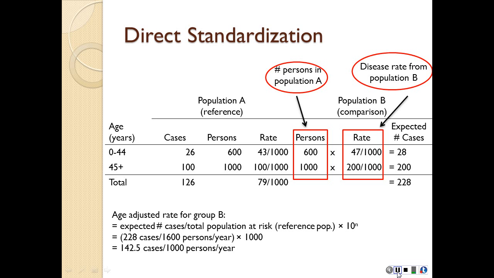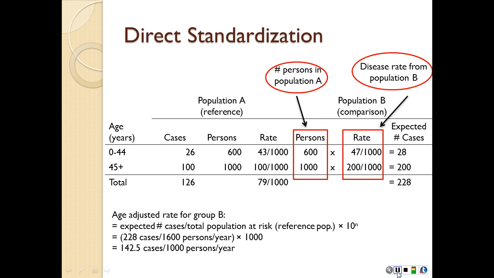So we take the population of population A. Let's say we have the same distribution as population A. We multiply it by the true rate of disease in population B, to get the expected number of cases we would have if population B looked identical to population A. So when we do that, we now see that nothing changed about population A. We didn't mess with that one at all.